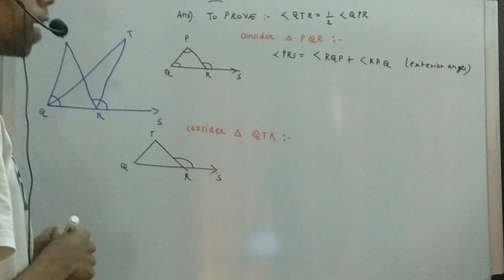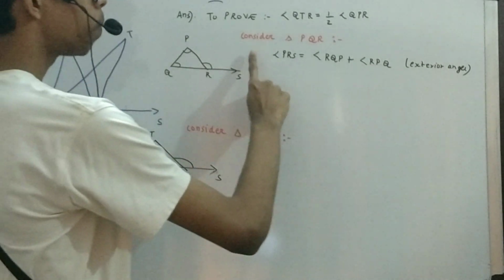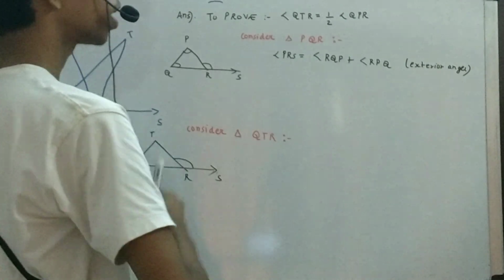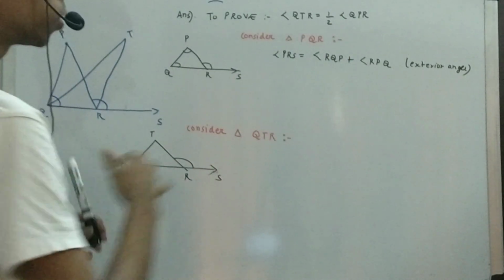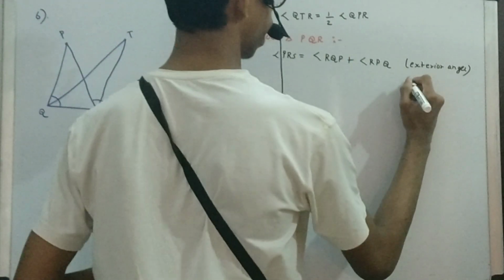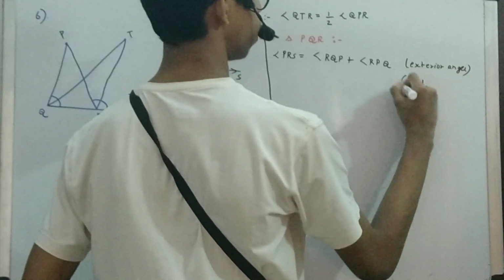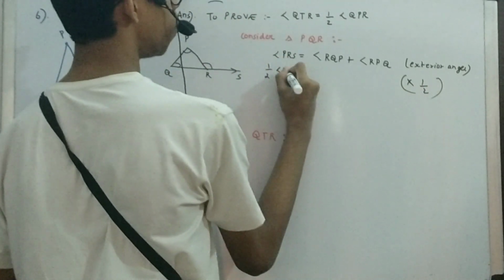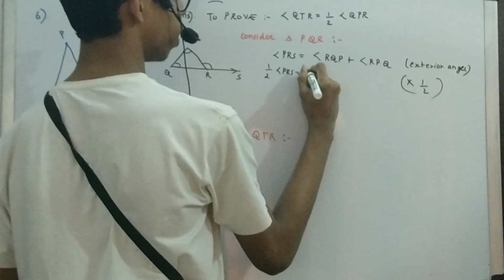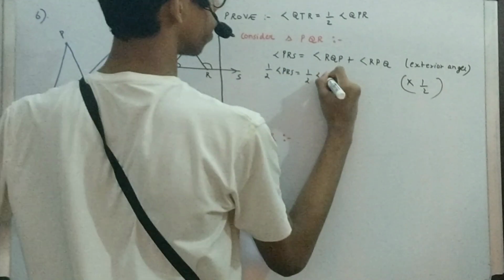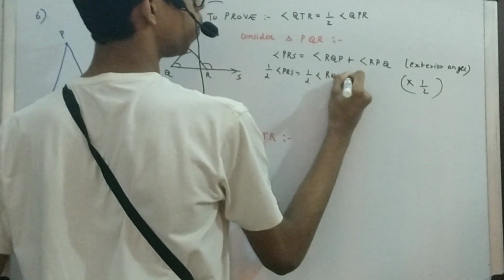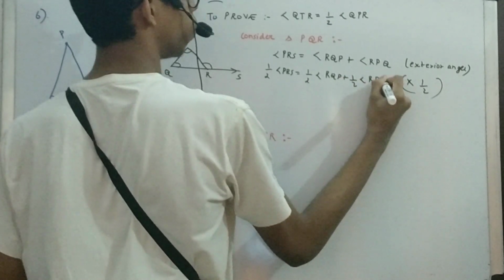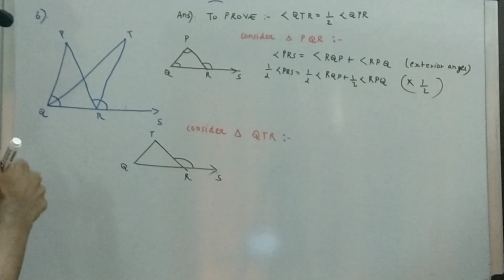Now our next step is we have to multiply by a half on both the LHS and RHS, because in the question there is a half. So we will be getting half of angle PRS is equal to half of angle RQP plus half angle RPQ. Okay, we multiplied by a half over here.